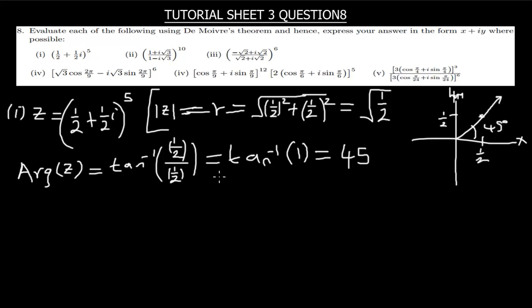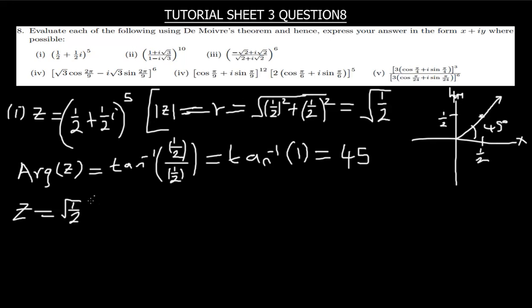you can now move on to writing it in the polar form, since it's in rectangular form. So you write it. So your z is equal to, your r is going to be this, the square root of half. So we write r there, which is the square root of half.